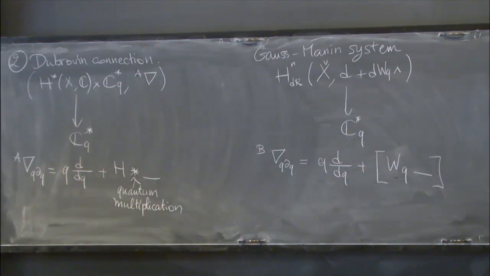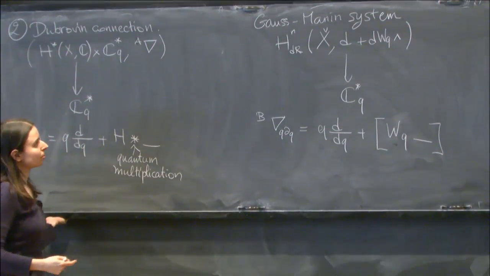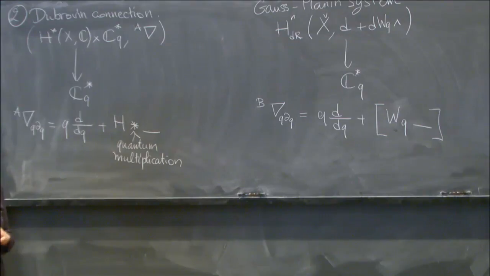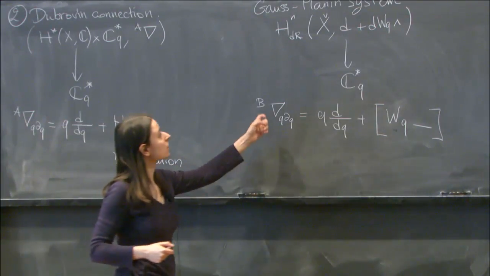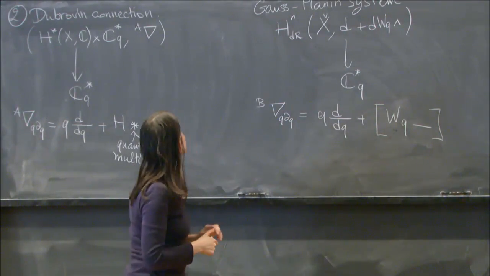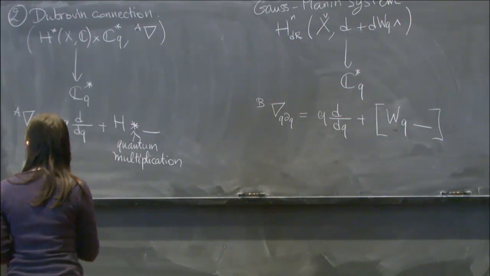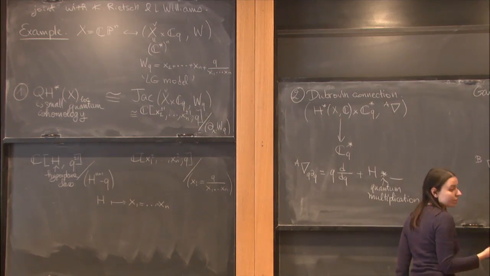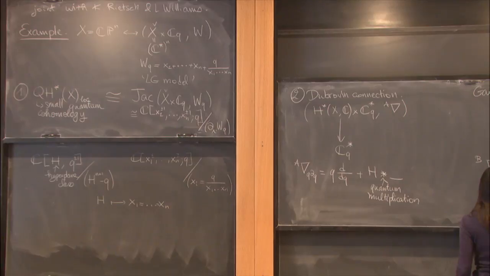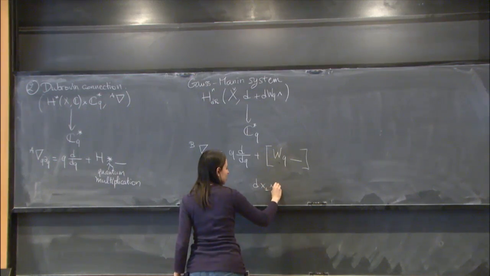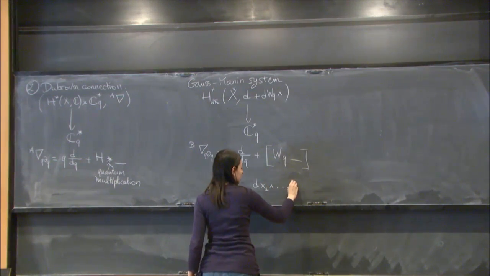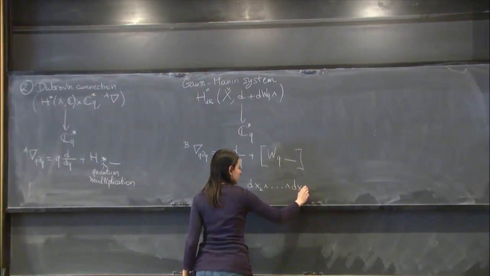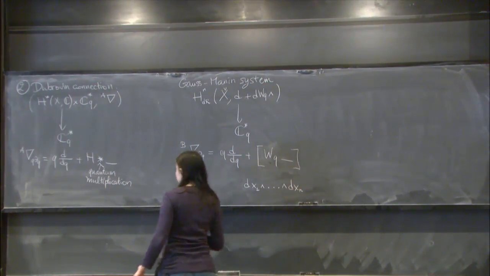So what happens here is that we can easily describe the map that we expect to be the isomorphism, because this X check is a torus. There is a canonical form, dx1 over x1 wedge through dxn over xn.